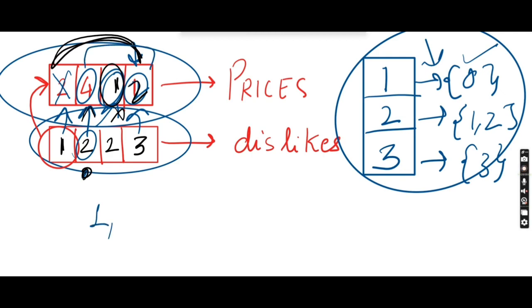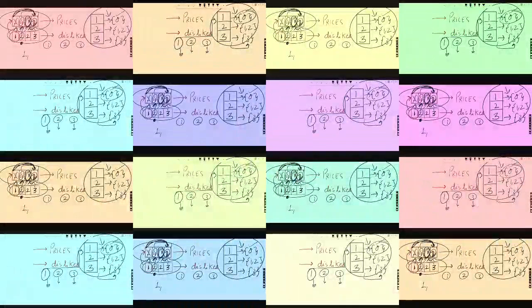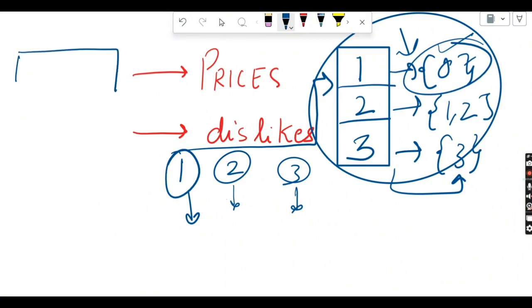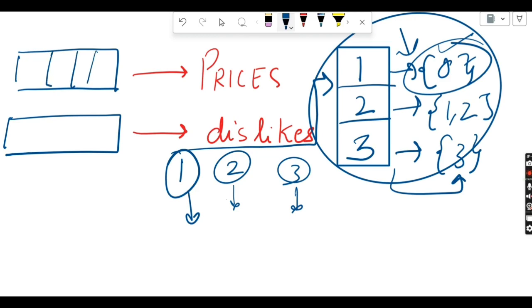So the first person, let's say there are 3 persons. First, second, let's make it clearly. I'll make the array again. Okay. So now the record, let's say, was 1, 2, 3, and 4. Let's say friends were 1, 2, 2, and 3.